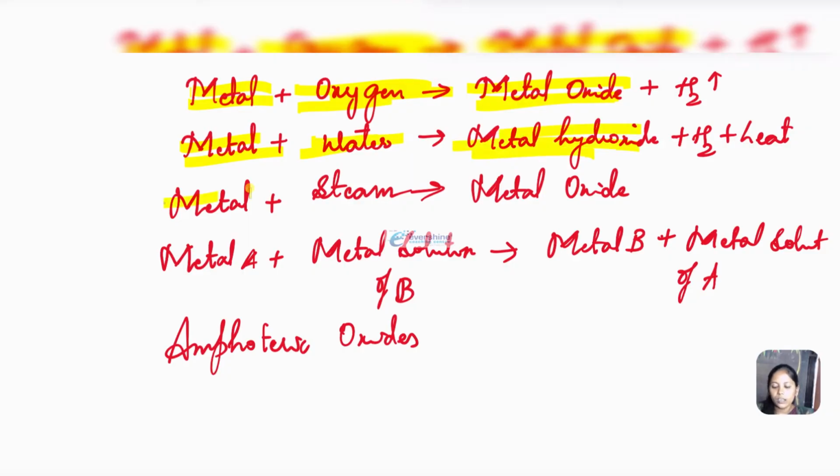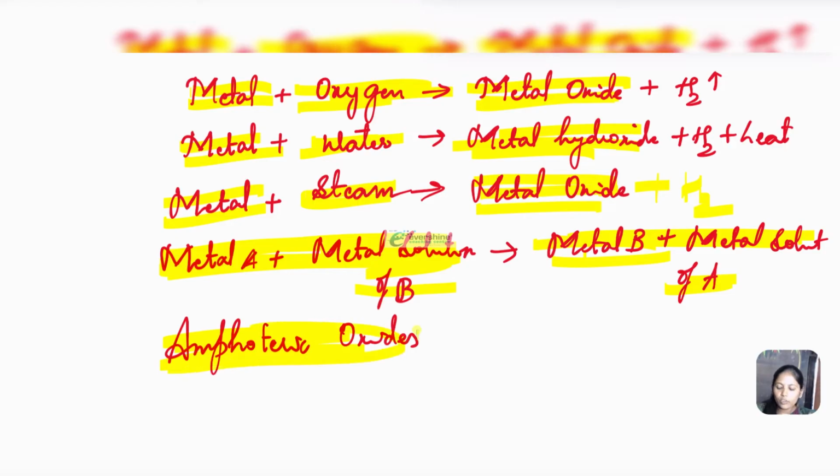Metal plus steam, metal oxide and hydrogen gas. Another one, displacement reaction: Fe plus CuSO4 gives FeSO4 plus Cu. What are amphoteric oxides and examples? Amphoteric oxides examples: ZnO, Al2O3, K2O, Na2O. Amphoteric oxides react with both acid as well as base to form salt and water.